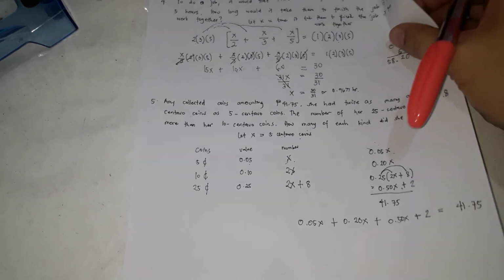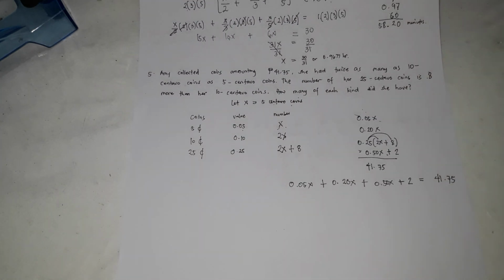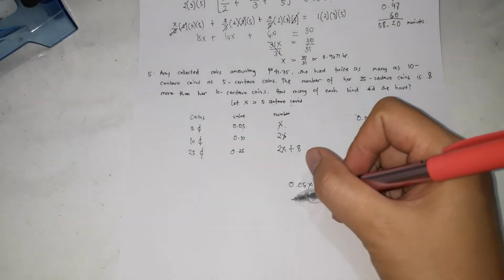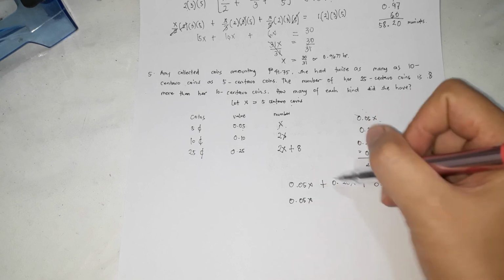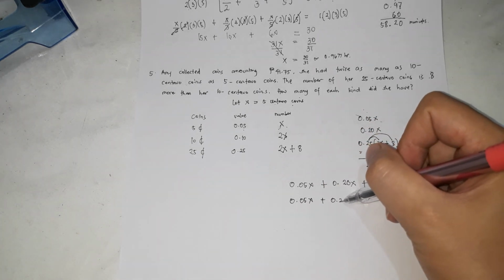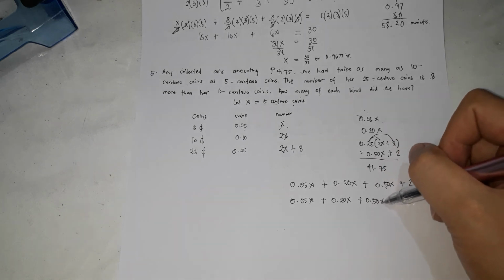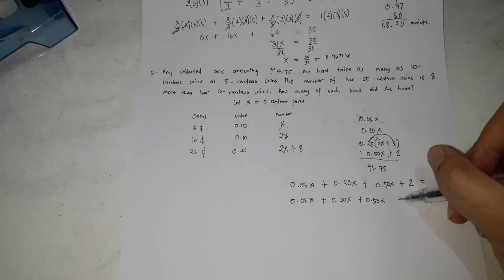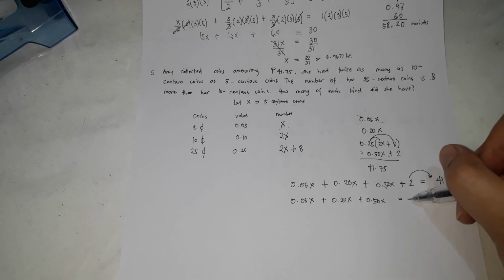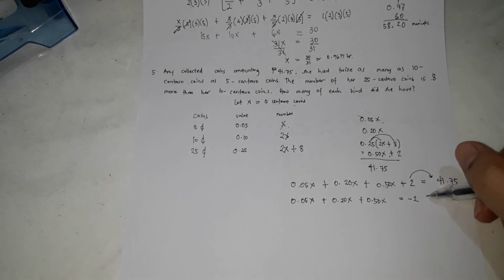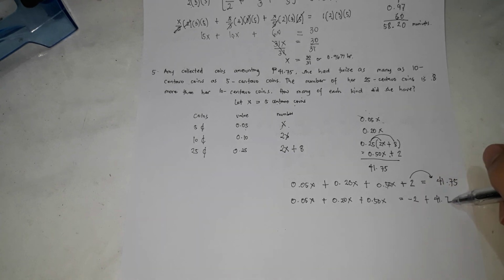So what we're going to do next is to solve. So, lahat ng may x dito, 0.05x may x siya, so stay. Ito may x siya, so stay. Ito walang x, so ililipat mo siya sa kabila. Kung ilipat mo siya sa kabila, maging negative 2. Plus 41.75, walang x, so magstay siya sa right.